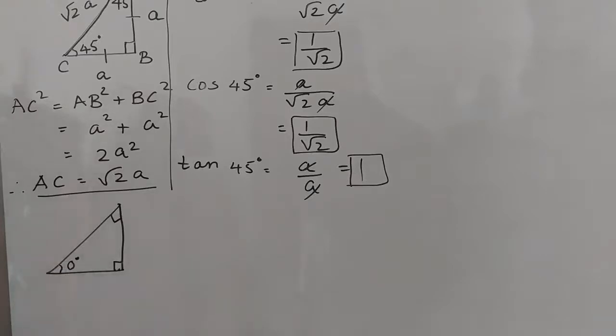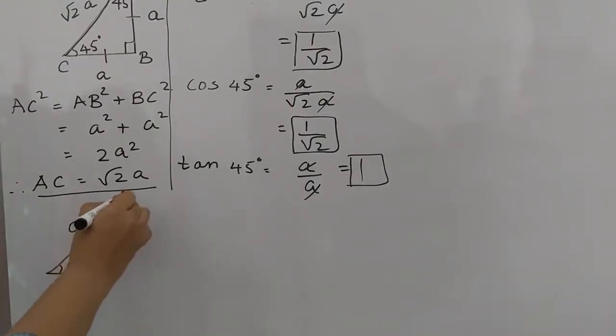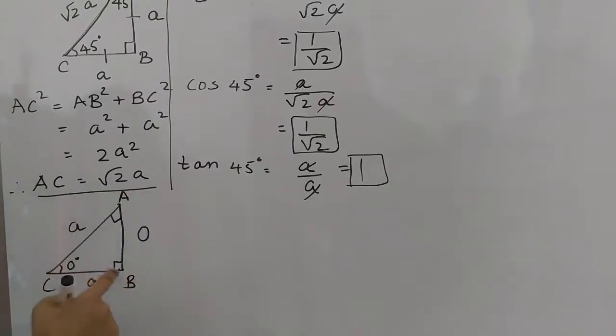Now 0 degree means this side is coinciding with this side. So the side opposite to that is also 0. Okay. So here this and this, both sides are equal. Let it be A. Why? Because of 90 and 90, two angles are equal.